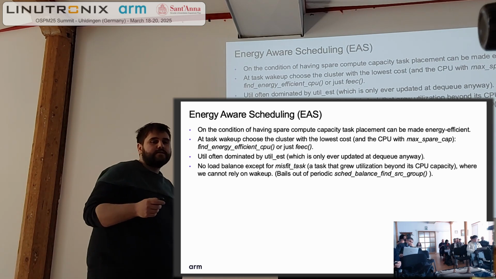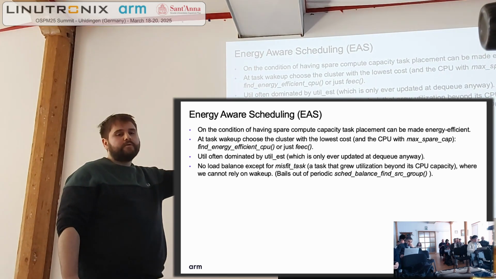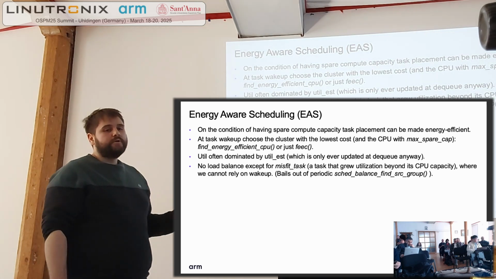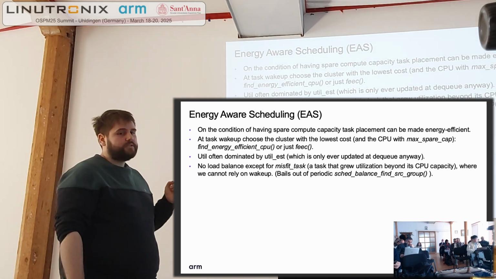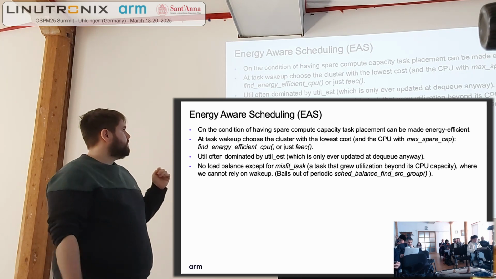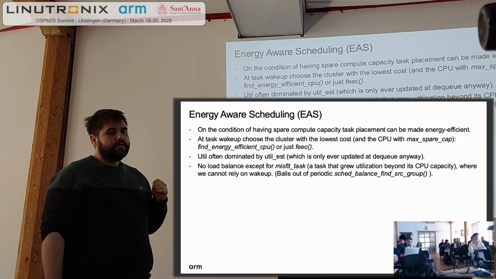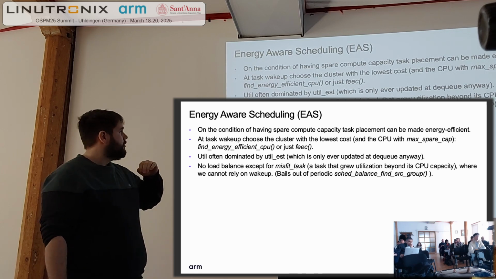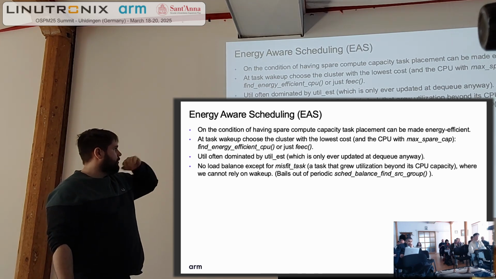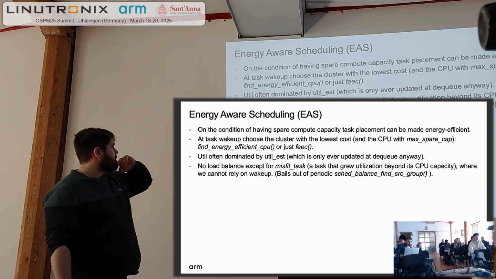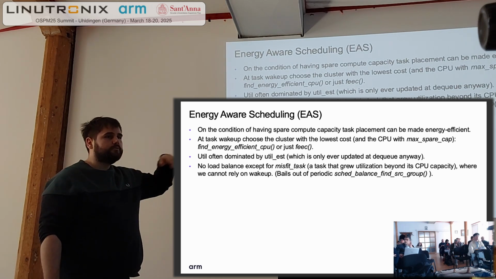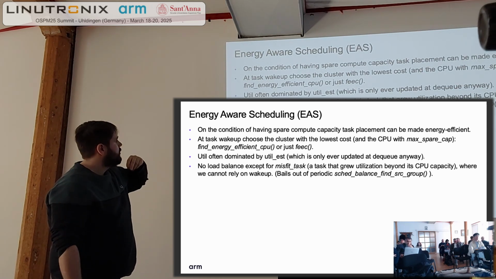EAS is basically the realization that if we have a bit of leeway where to place tasks during CAS task placement, we can choose the most energy efficient. It's basically only wake up based, which means at wake up, we look at what's the energy cost and iterate through the clusters essentially.